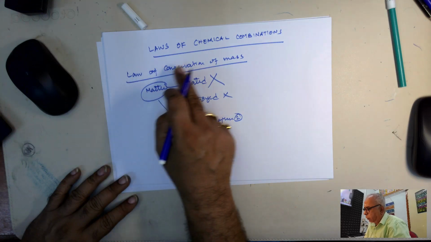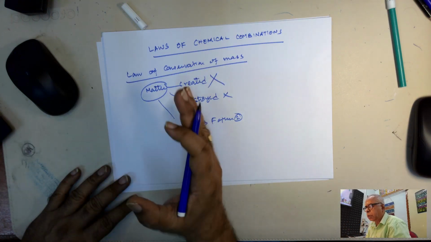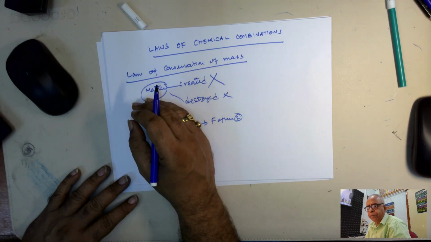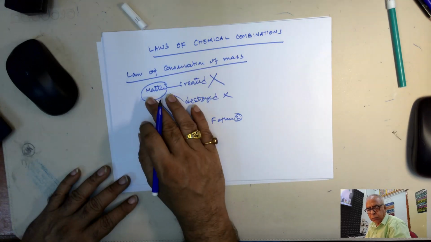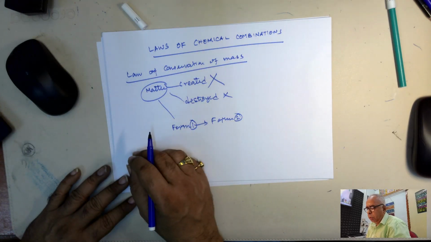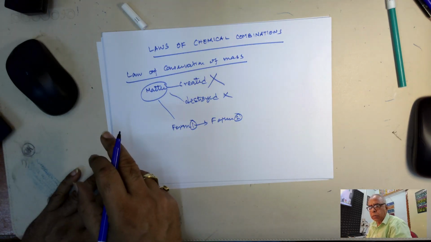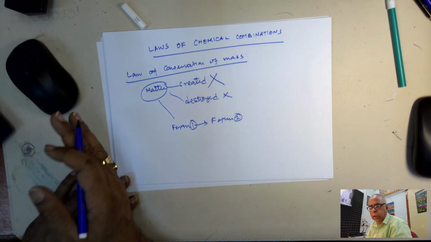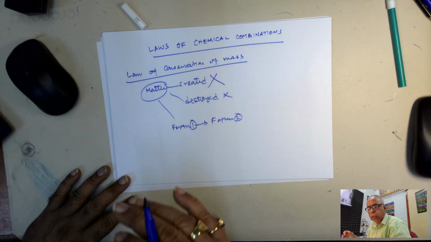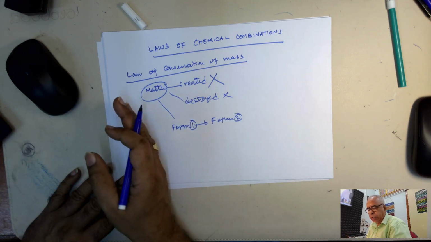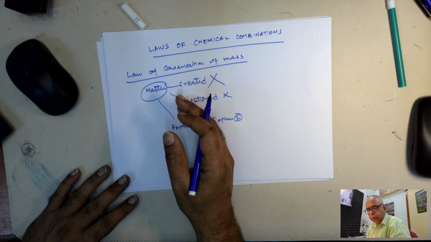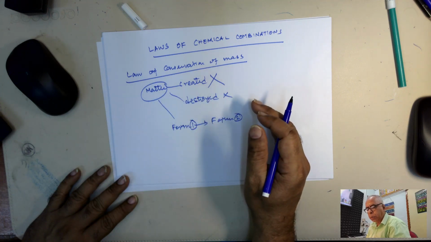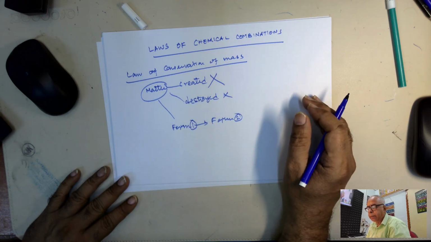The same law of conservation of mass can also be interpreted in terms of what? A chemical equation. When you say chemical equation, it involves reactants and products: reactants on the left side, products on the right side. You have one reactant attacked by one reagent so that you get a product and a byproduct, right?